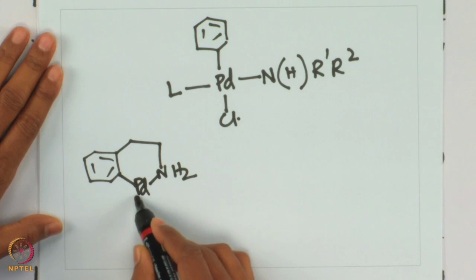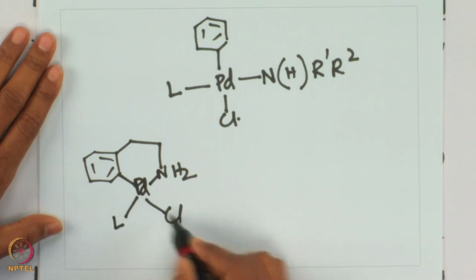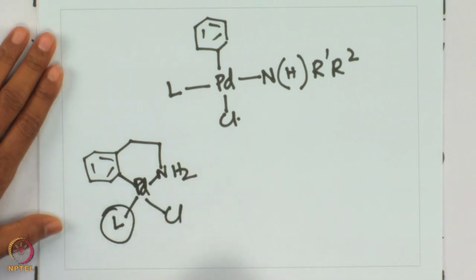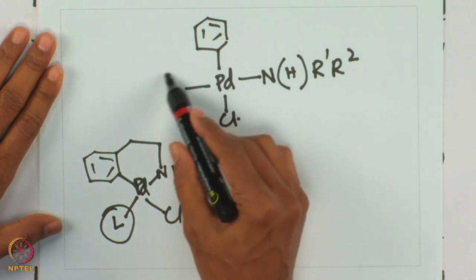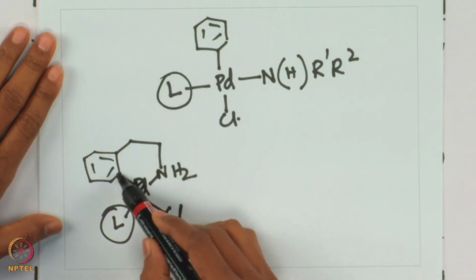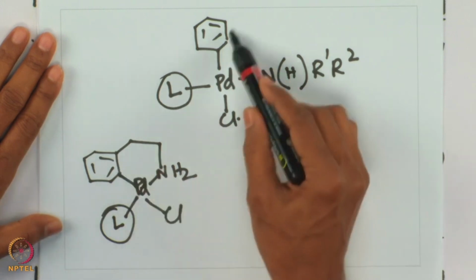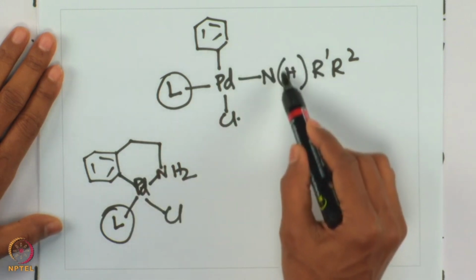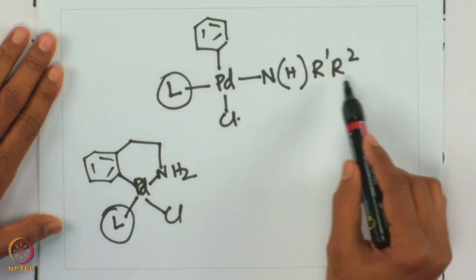Now, palladium, LCl. This is the ligand, that biaryl phosphine ligand we are talking about. This is the same ligand we were talking about. What we have essentially done is keep the C-palladium bond constant. From the ortho position, we have attached the amine.